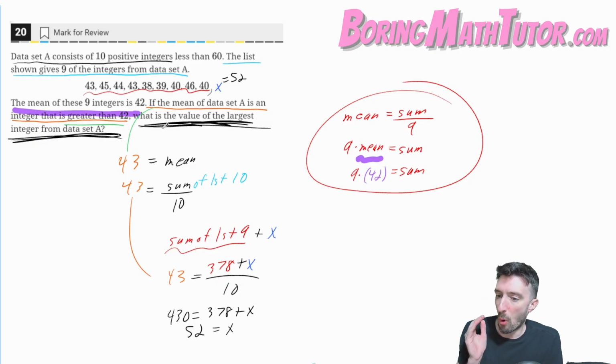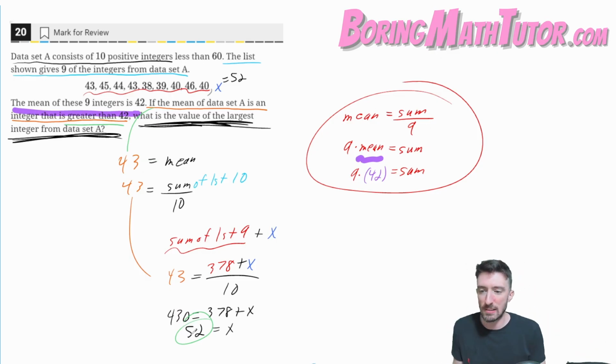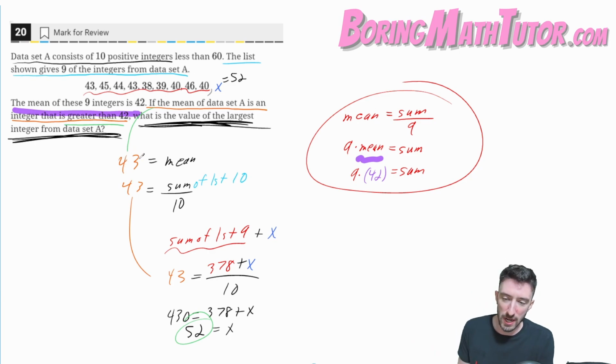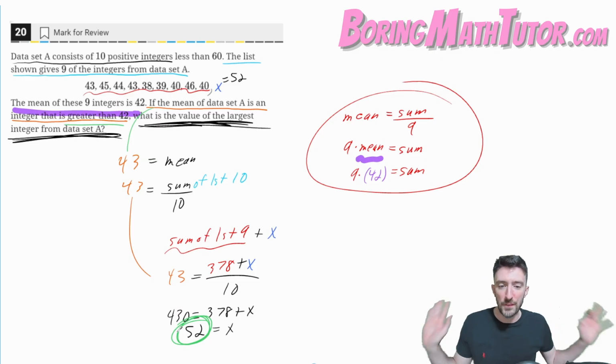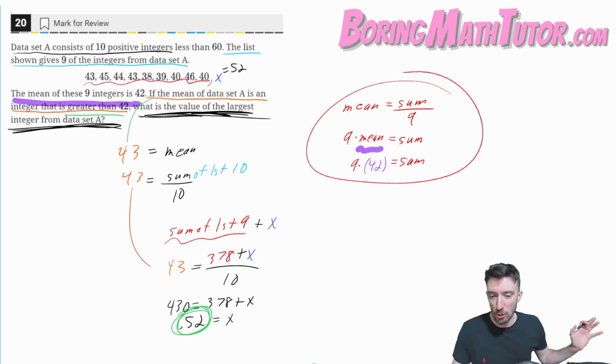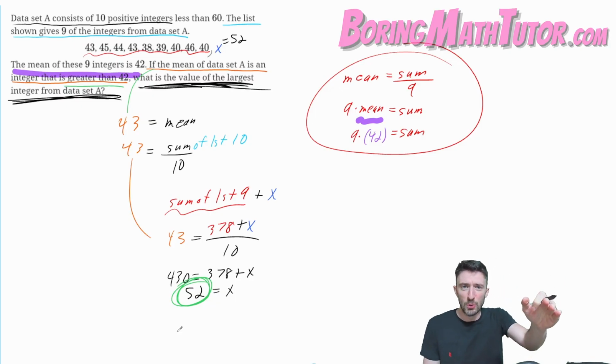So there must be only one answer. So once you get an answer that makes sense, that's your answer. You don't need to run through the math again and try to see if there's another answer. No, you're done. You're just going to go with 52. Just to be super clear, the answer here is 52.